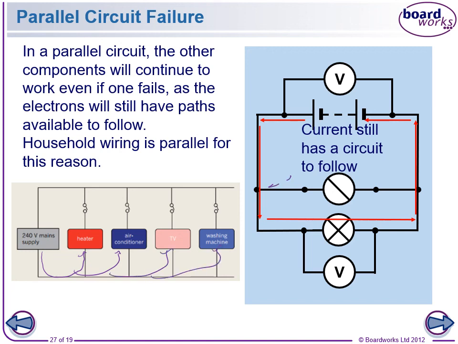We can turn on the TV, and that means current will flow like that. If we wanted to turn on the heater as well, then our current would flow like that, and we could still turn off the TV if we wanted to, and we'd still have this current going through our heater. So all household wiring is in parallel because it means we don't have to have everything on at the same time. If one thing is off or if one thing's broken, everything else is still going to work.